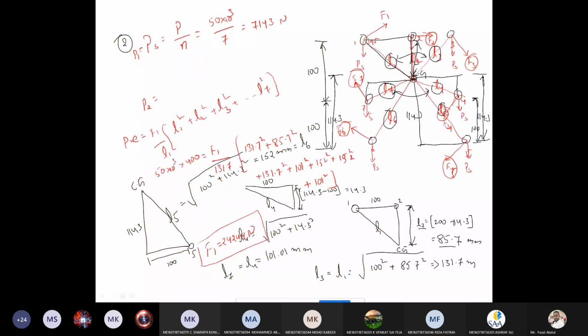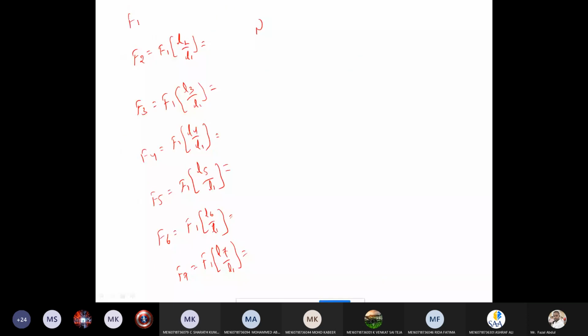24244. F1 is 24244. L1, L2, L3 are values we calculated previously. 24244 into L2, how much did we get? 85.7.